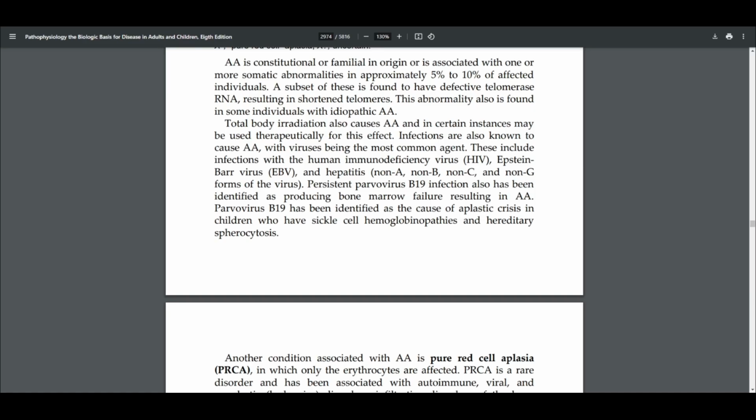These include infections with HIV, Epstein-Barr, hepatitis, persistent parvovirus B19 infection also has been identified as producing bone marrow failure, resulting in AA.